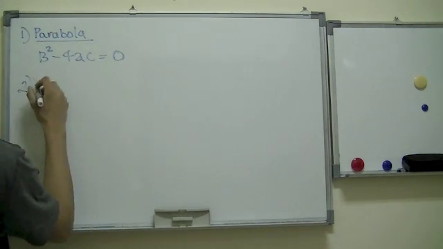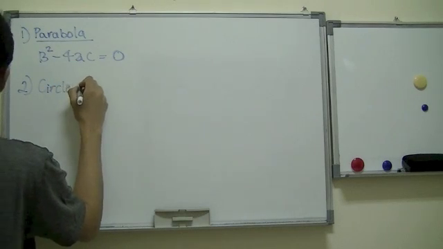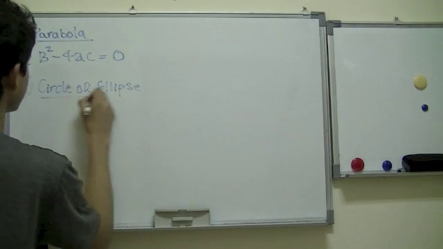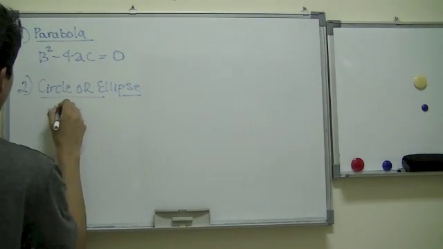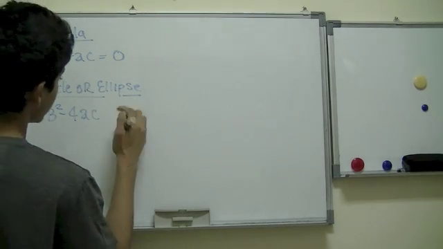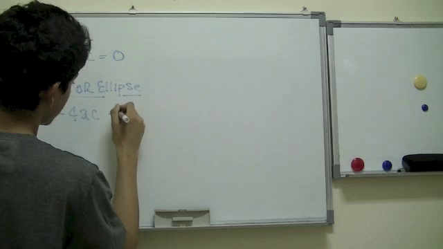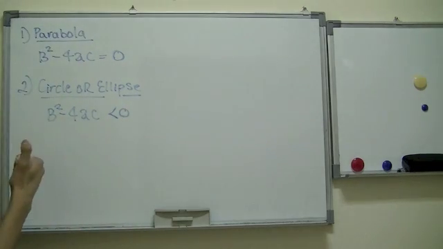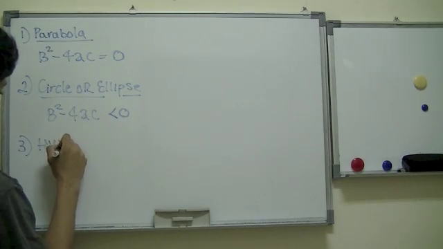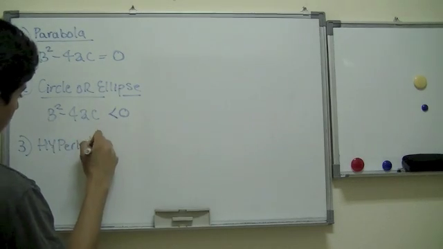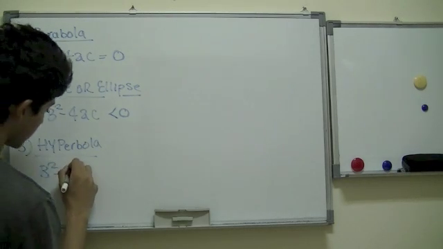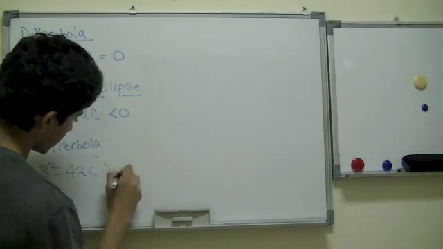Second would be circle or ellipse, which is b squared minus 4ac less than 0. Third one would be hyperbola. For this one, b squared minus 4ac would be greater than 0.